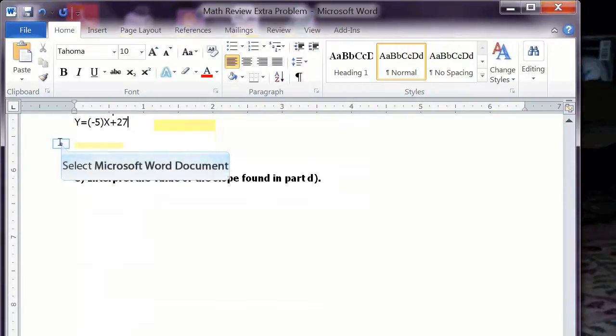Then how do we interpret the slope? The slope, our m, our negative 5, tells us how y changes when x changes by 1 unit. So in this case, it tells us how the number of free throws changes when 1 additional tequila shot is taken.